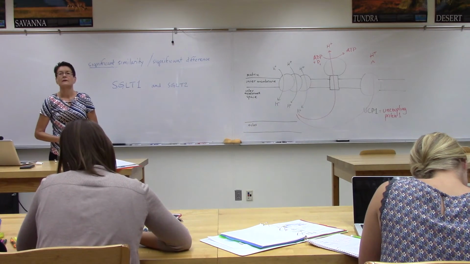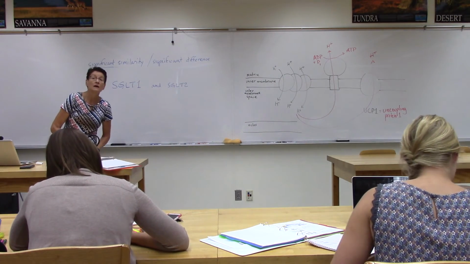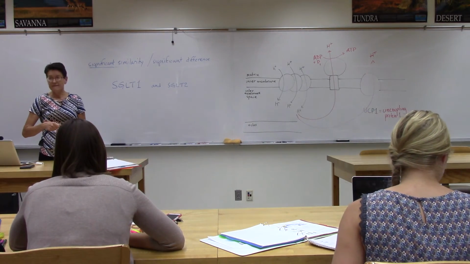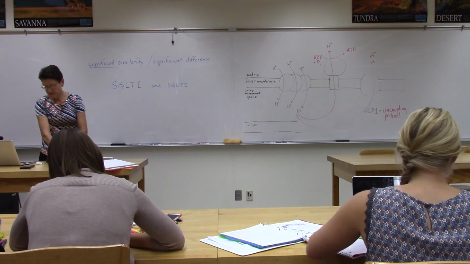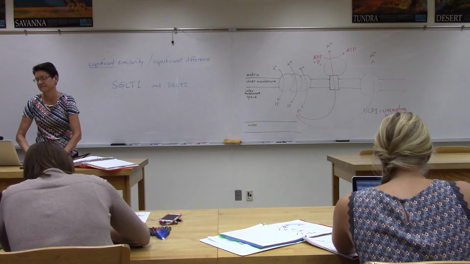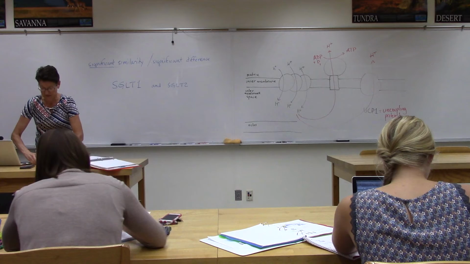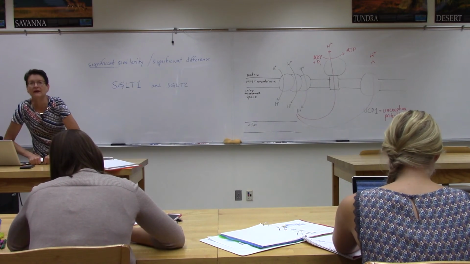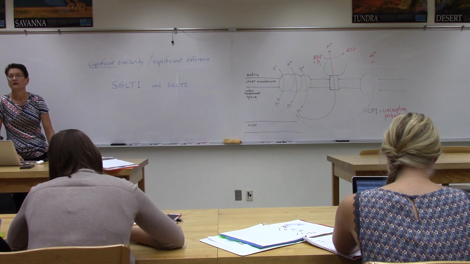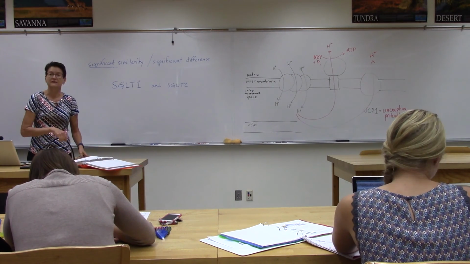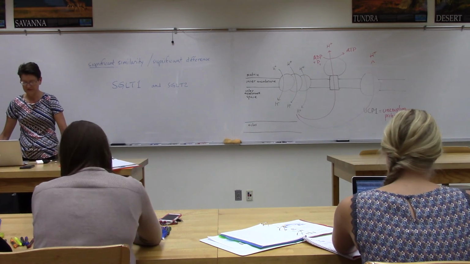SERCA is the skeletal muscle one, and it's actually found in cardiac too, but it's the only one in skeletal muscle, and it's an ATPase. What's the energy source for the calcium pump in the plasma membrane of cardiac cells?